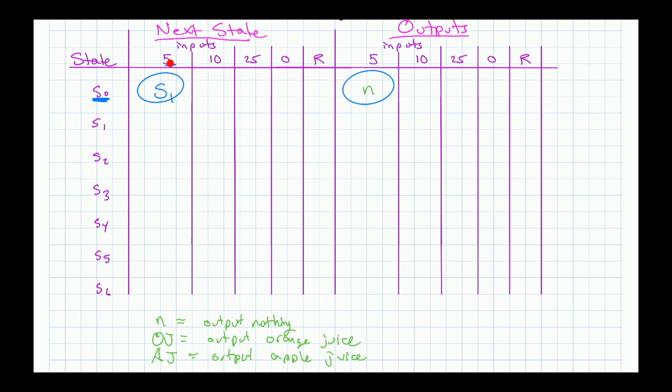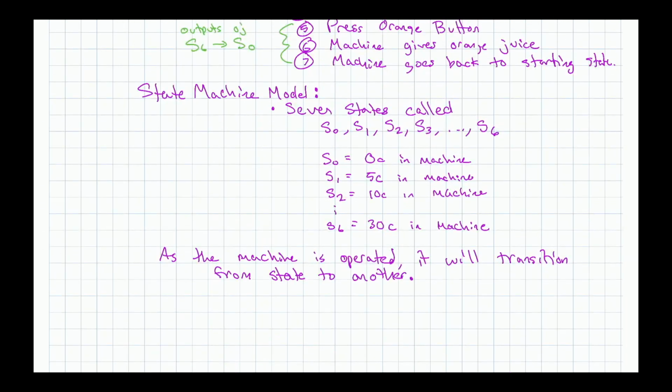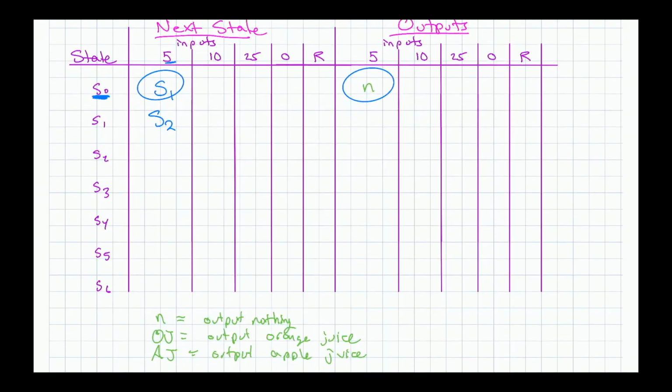If you have 5 and you put in 5, you end up at 10. 10 cents is S2. Right? Don't forget about these states up here, right? This is what we're looking at. S0 is 0 cents, S1 is 5, S2 is 10, and so on. So you do that. Now, what do you output when you're at 5 and you put in 5? Nothing, right?